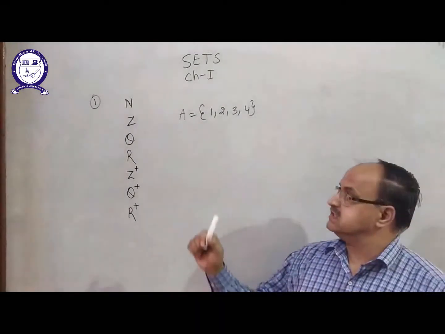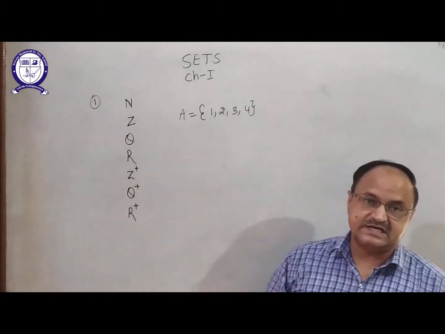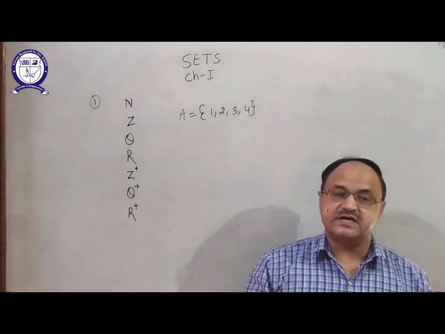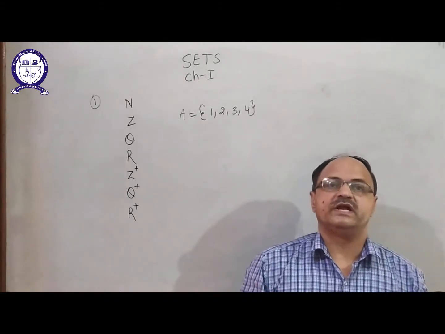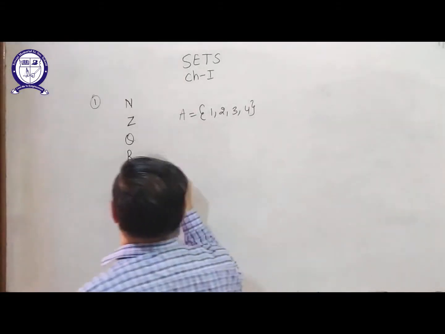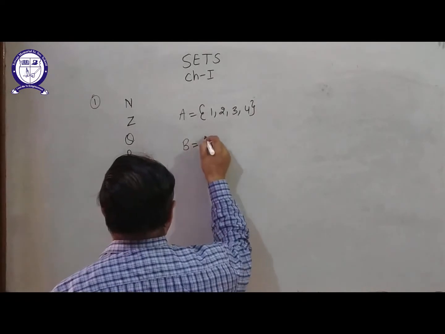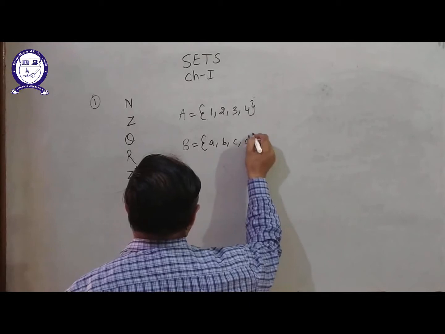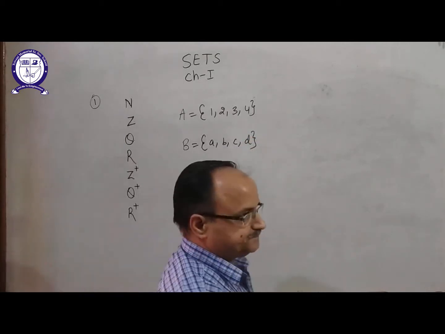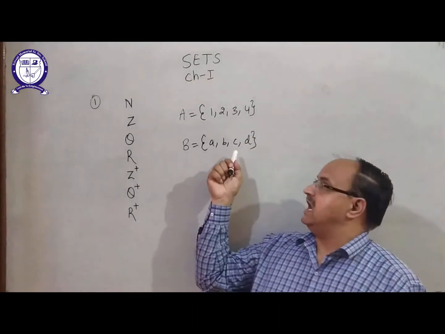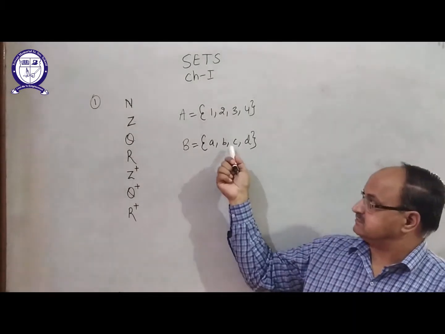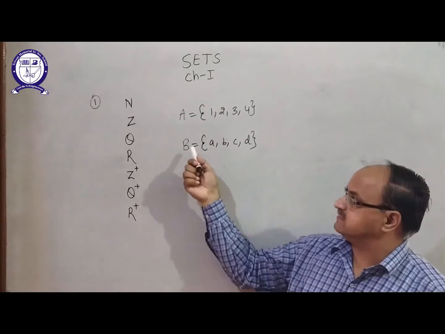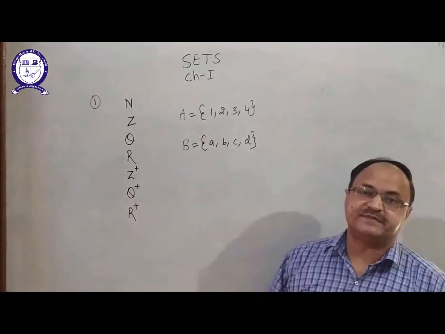Clear? Sets are denoted by capital letters, but elements can be denoted by small letters also. You can write the set {a, b, c, d} like this. The elements of the set are small letters, but the whole set we denote by a capital letter.